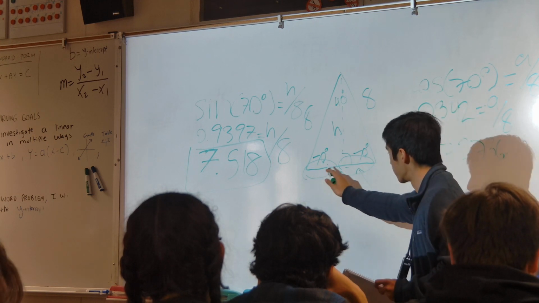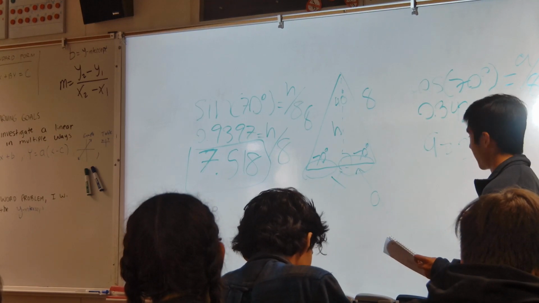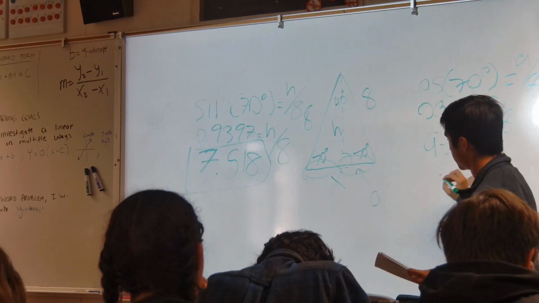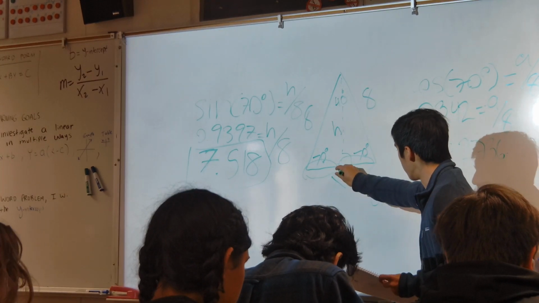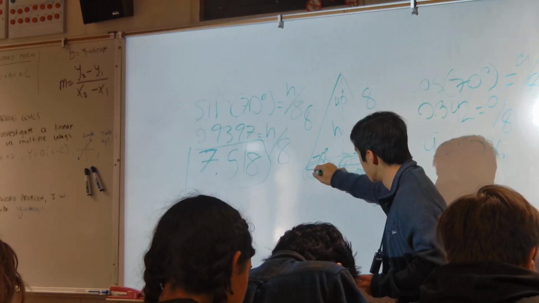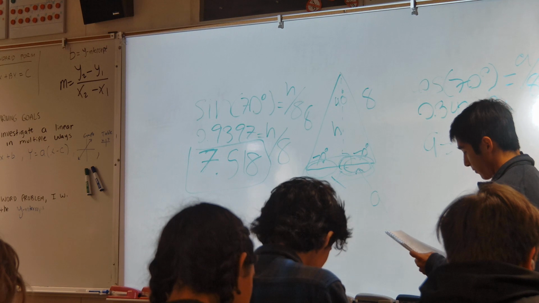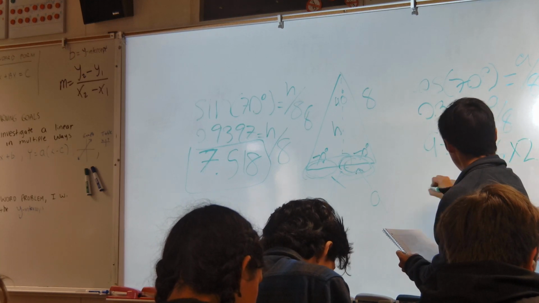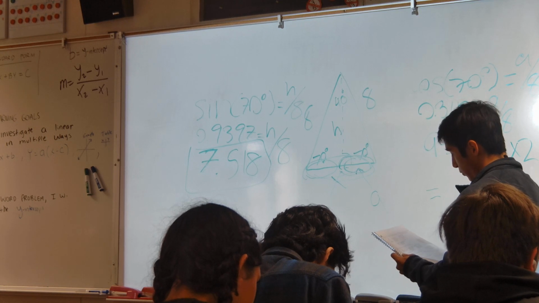So multiply 2.73, which is this side right here, by 2, and we'll get this whole base. And you should get, for the base, 5.47.